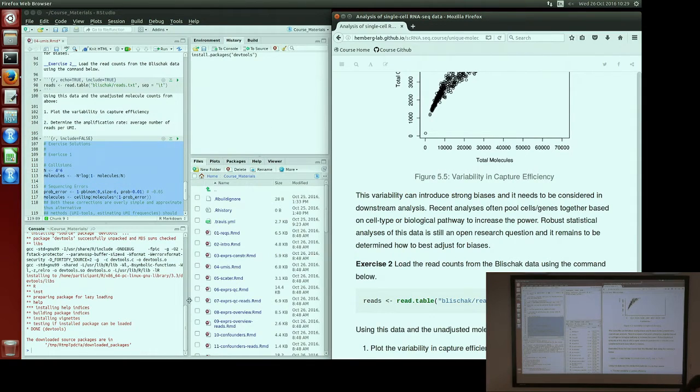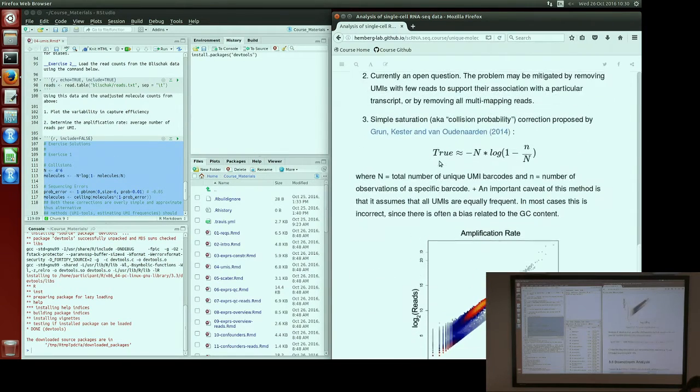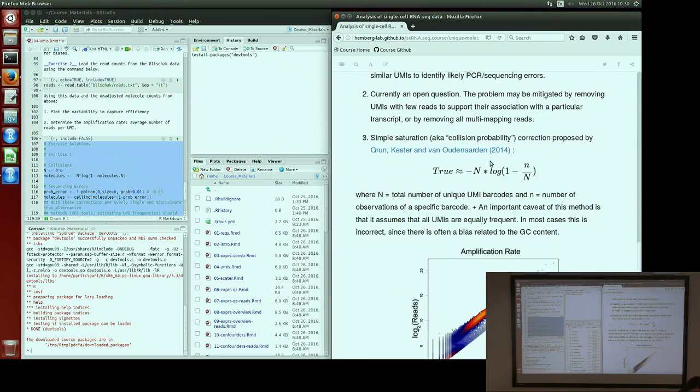Oh, the solution? Sure. So the equation here for saturation, this little n, is the observed number of UMIs. So that's the matrix we've given you of the observed number of UMIs. Big N is the total number of possible UMIs. So that's 4 base pairs to the exponent of the number of bases in your barcode.